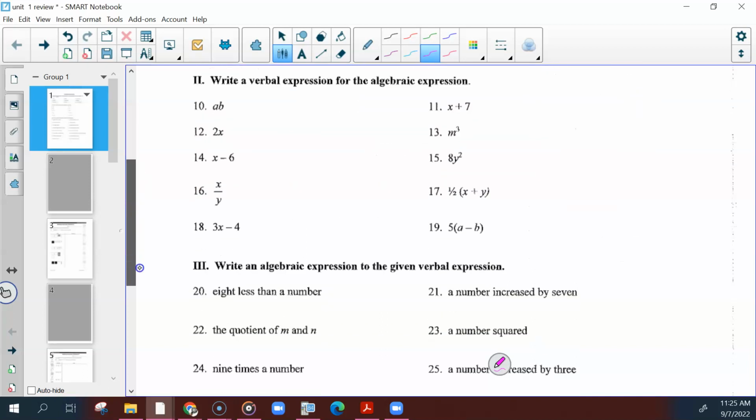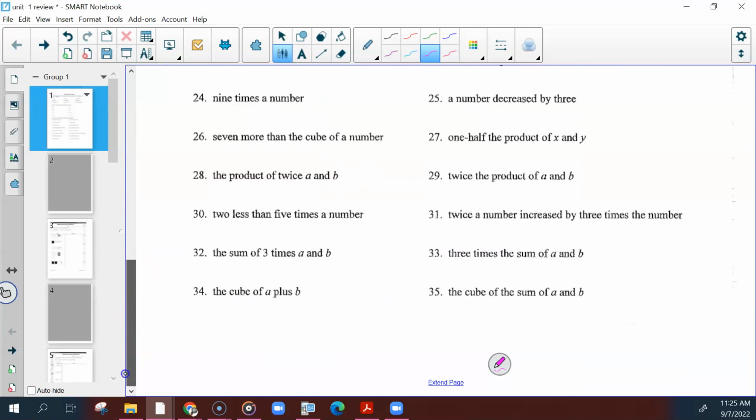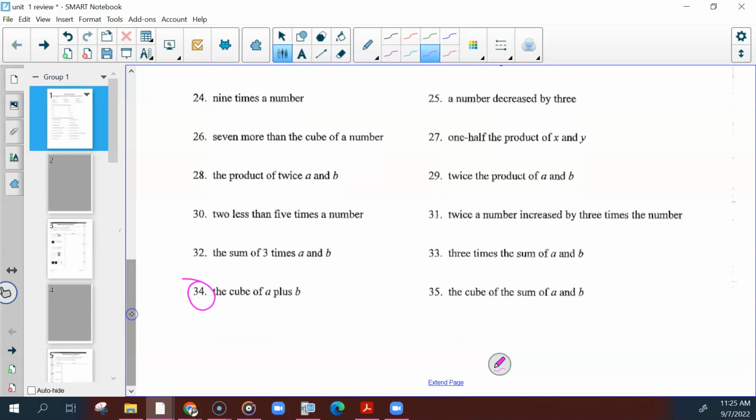Just look at these and see which ones you want to go through, have questions about, want to go over together on that first page. If there are any, raise your hand, tell me those. So I'm just going to do them as you guys tell me.